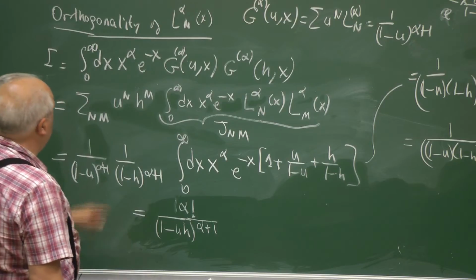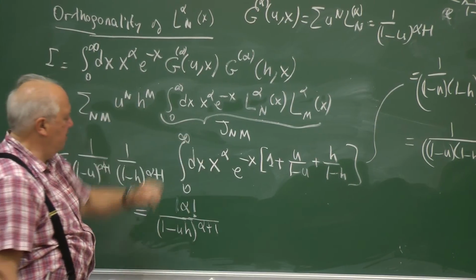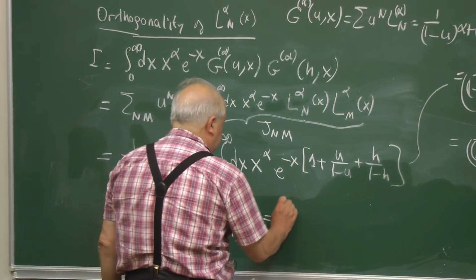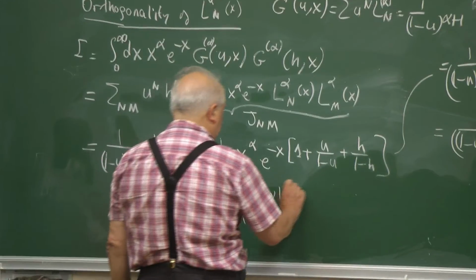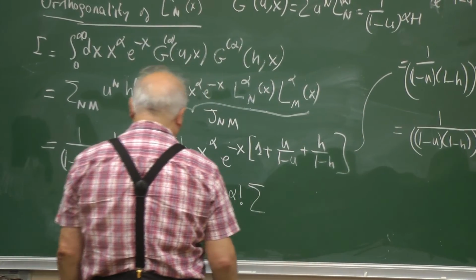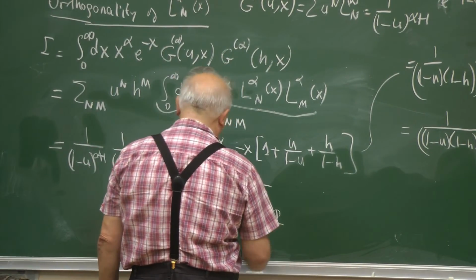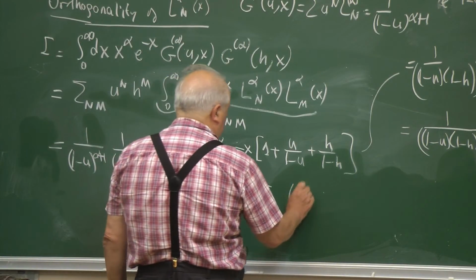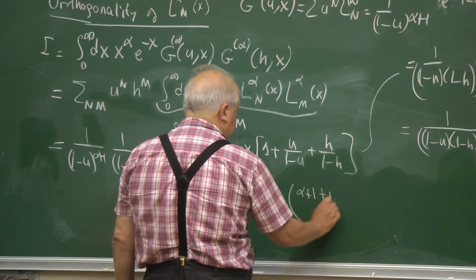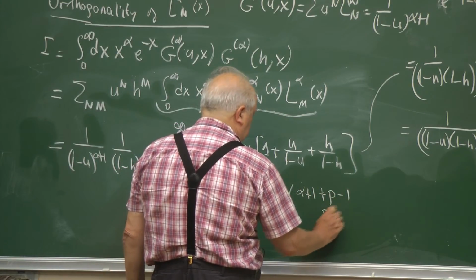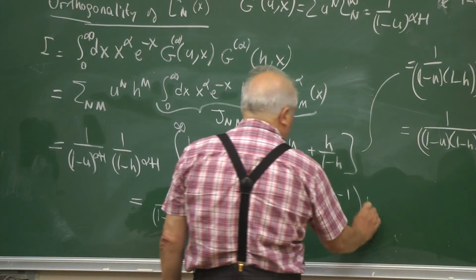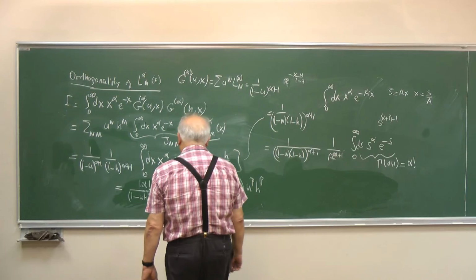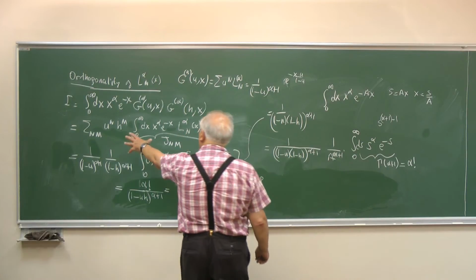This we will compare with the sum of u^n h^m Jnm. Now we can expand this thing. This is alpha factorial times the sum over p of (alpha plus 1 plus p minus 1 choose p) u to the p h to the p. This we shall compare with this result.